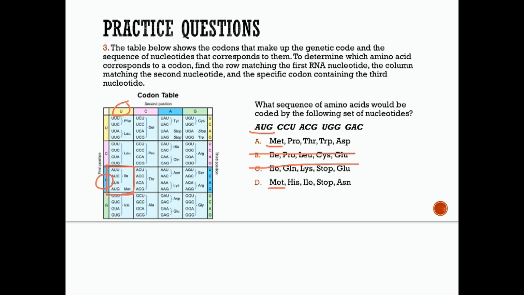All right, next let's look at CCU. So find the C in the first position on the left, the C up top in the second position, and now you know you're in here, and CCU matches up with the amino acid abbreviated PRO right here. So I know that A is going to be the answer. I'd probably go through and check all of the others just in case.